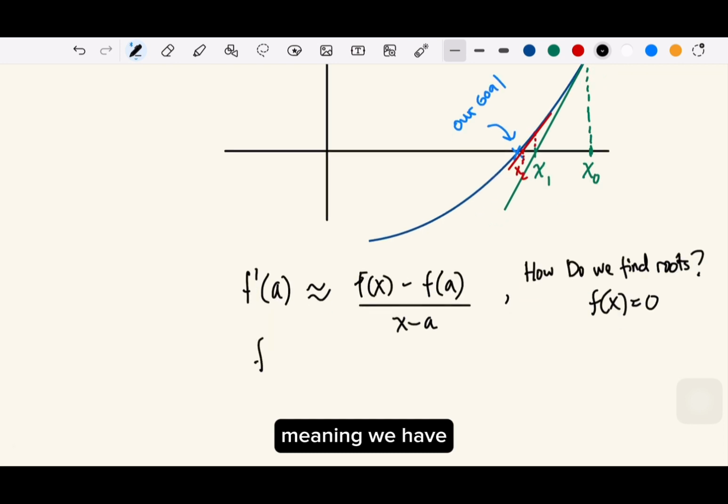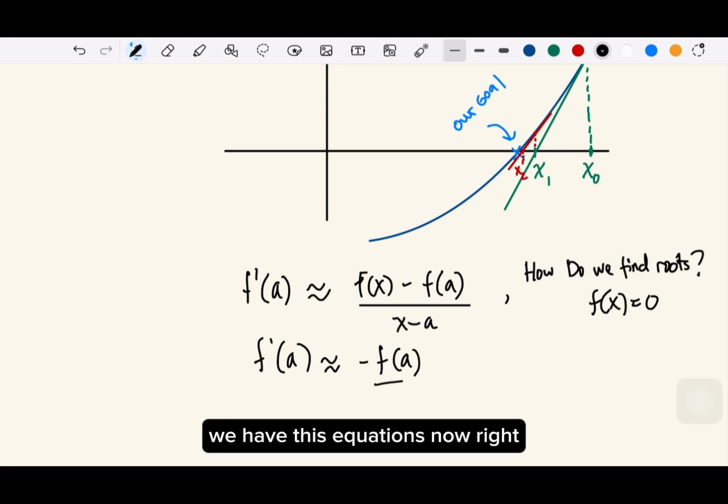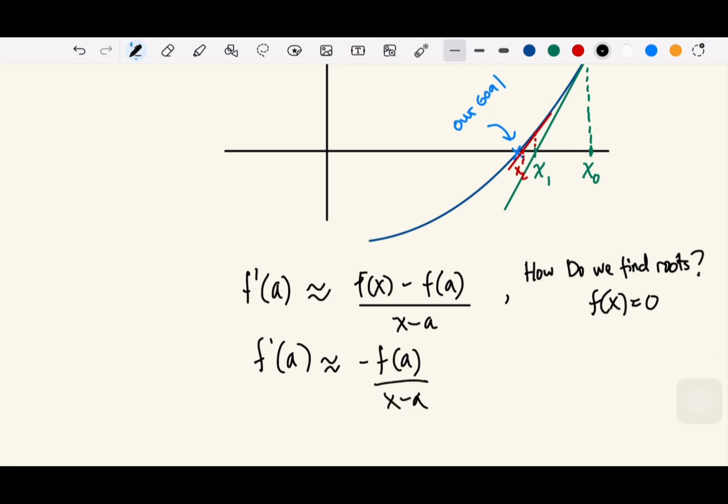Meaning we have these equations now, right?